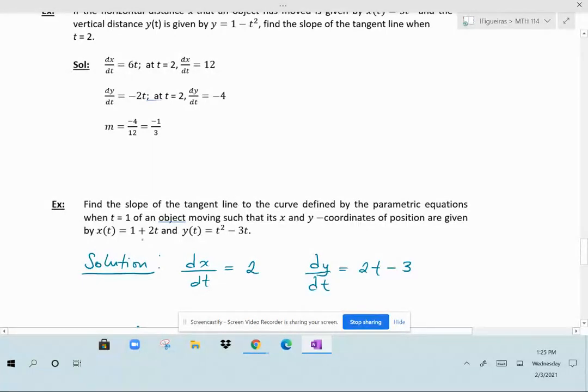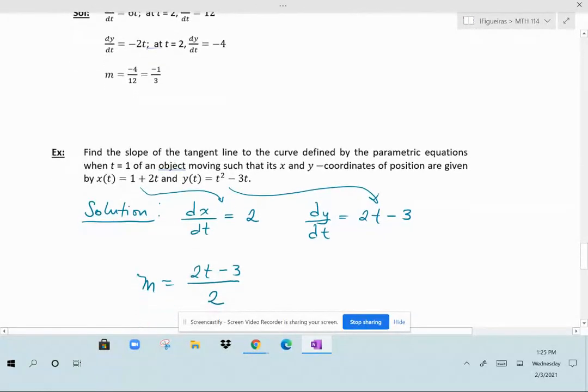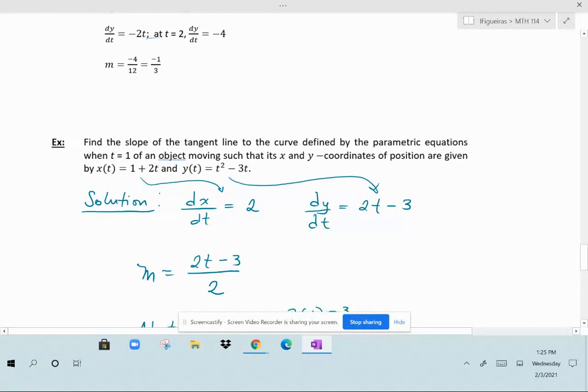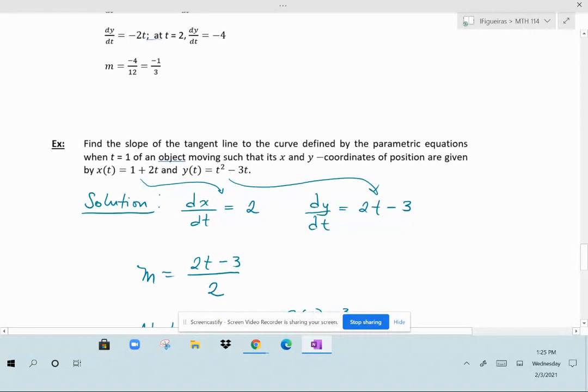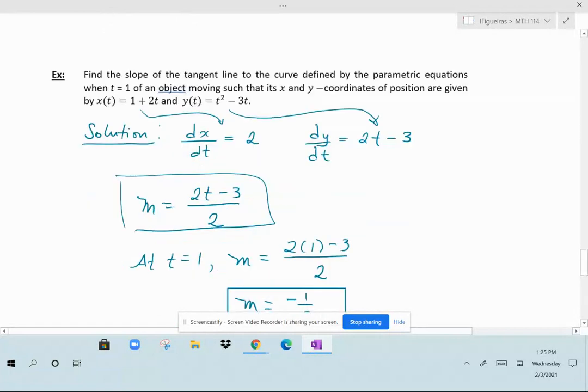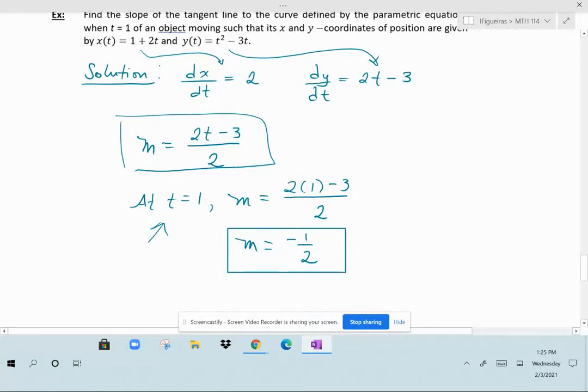Well, dx/dt is just 2 and dy/dt is 2t minus 3. So if I write my slope in general terms, it is dy/dt over dx/dt, and then substituting t equal to 1 into your slope, you get that your slope is negative 1/2.